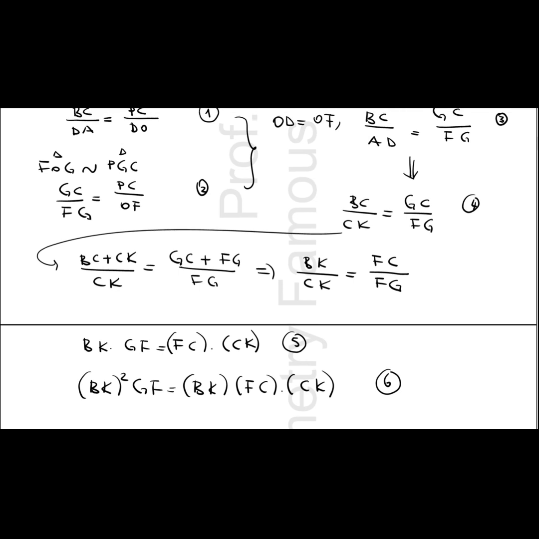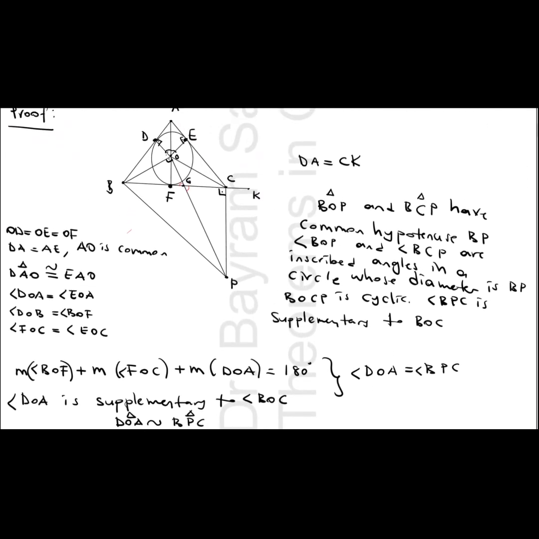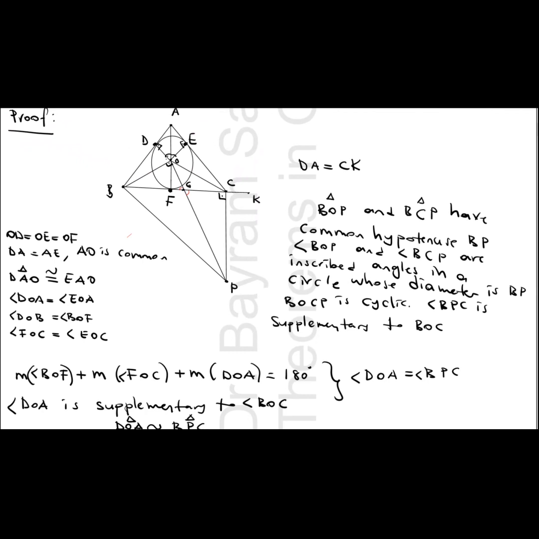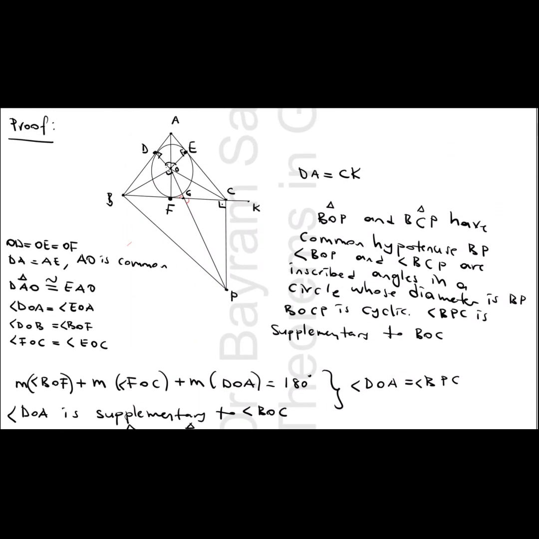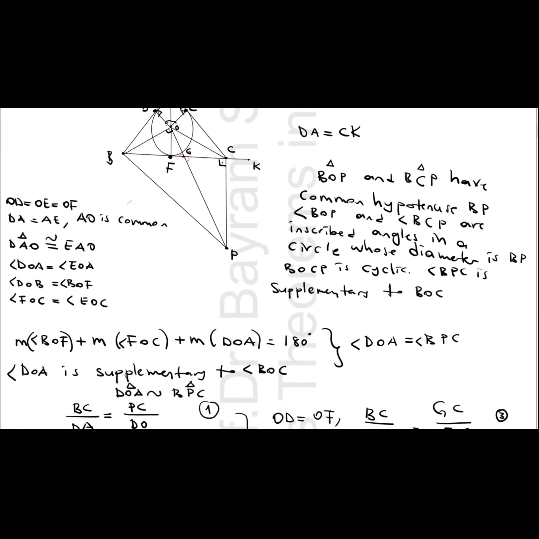Also, if you look at this one, OF is altitude. So from this we have, in this case, OF square will be BF times FC. So also we have OF square equals BF times FG. So this one is 7.